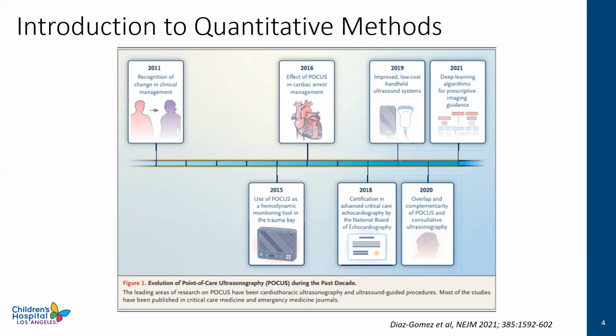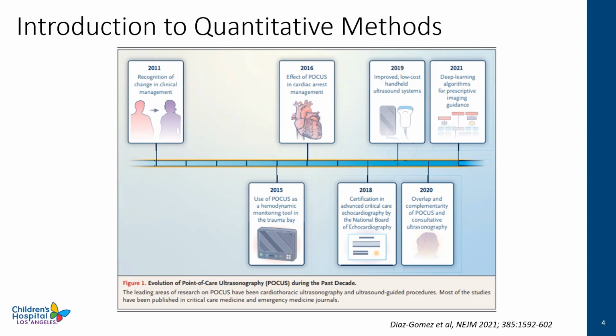But the use of quantitative measures has really started to grow, especially in the adult world, in the emergency department and in the ICUs. Since 2018, adult critical care doctors have been able to be certified in advanced critical care echo. And so they do test on these measures.